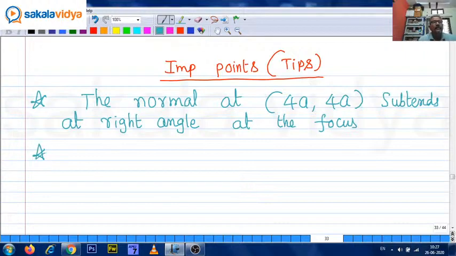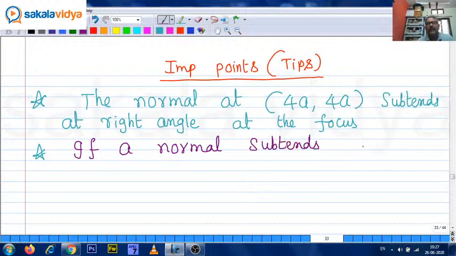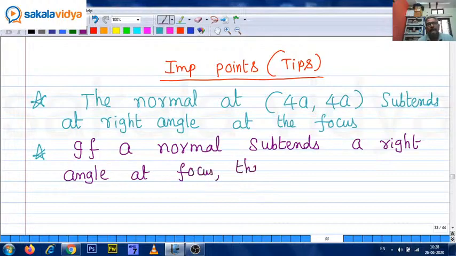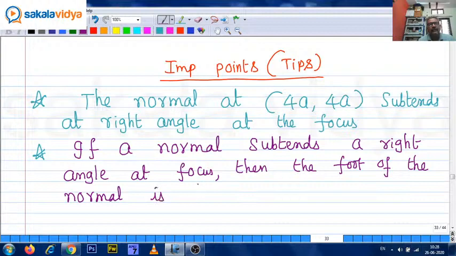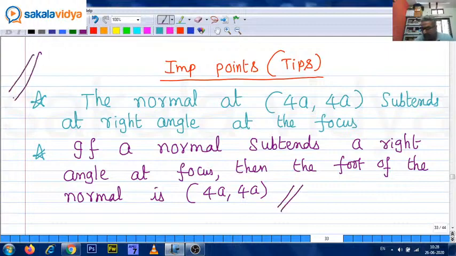And the converse statement is: if a normal subtends a right angle at the focus, then the foot of the normal is (4a, 4a), because these concepts are important for solving the problems also.